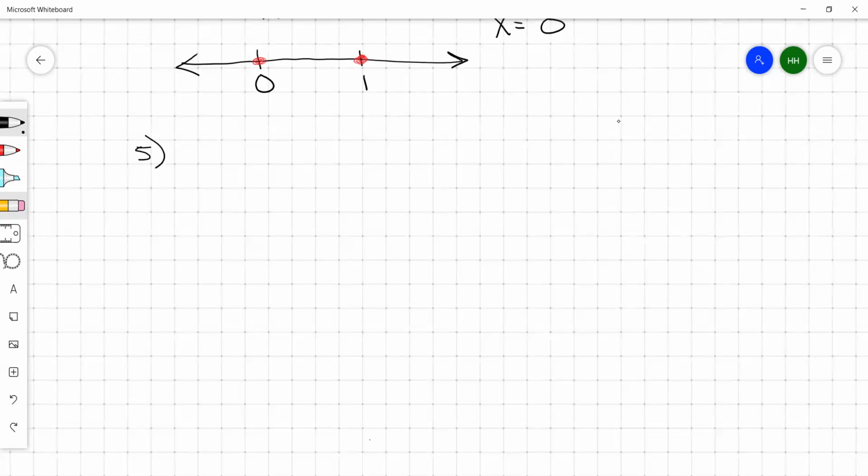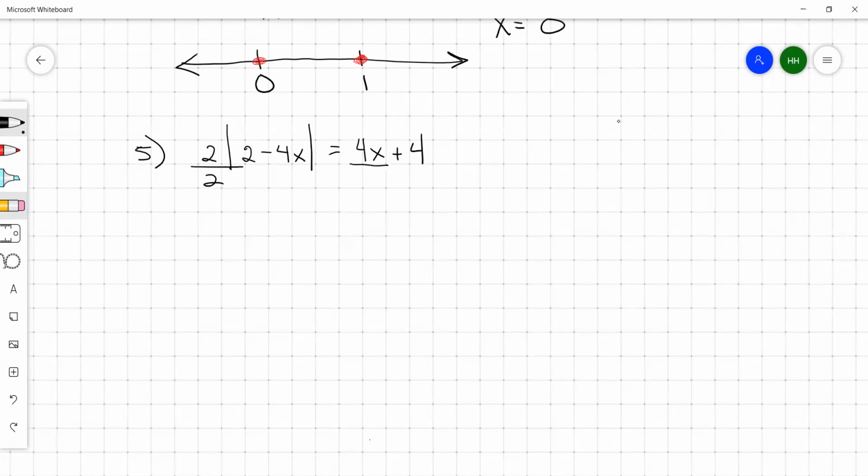So look, we got 2 times the absolute value of 2 minus 4x is equal to 4x plus 4. You got to get the absolute value symbol by itself. So you're going to divide both sides by 2.